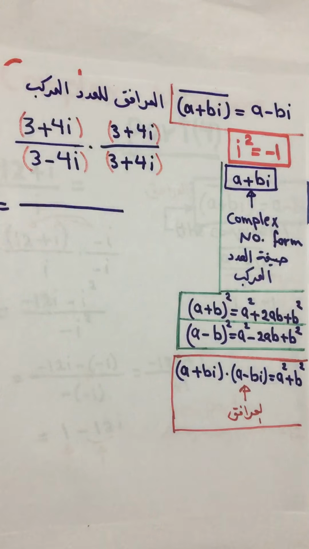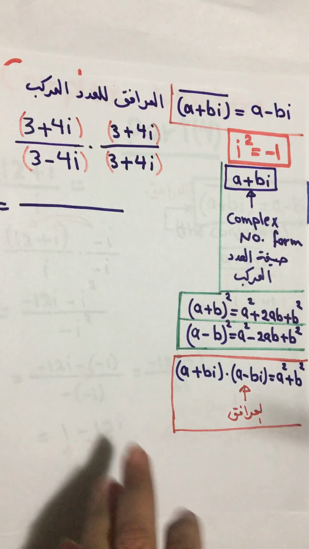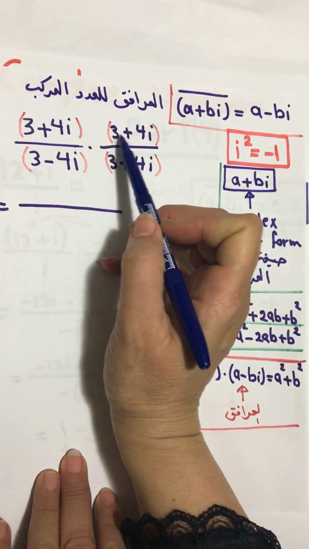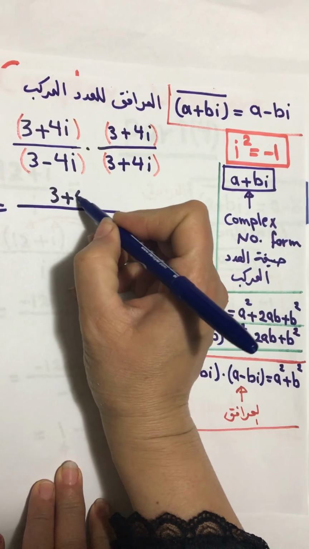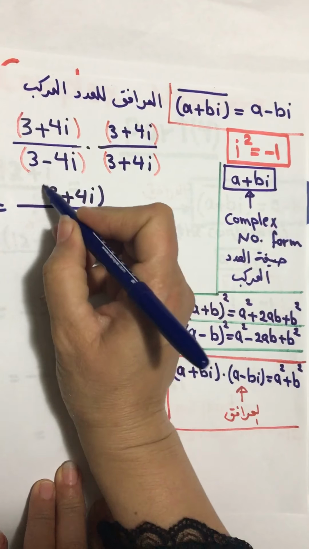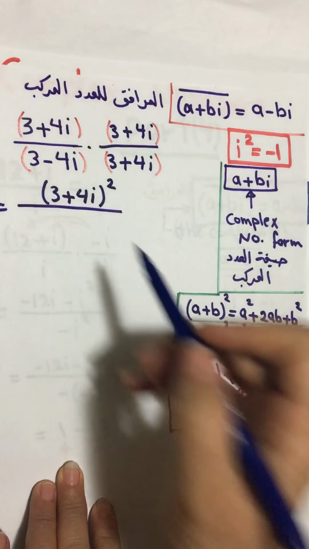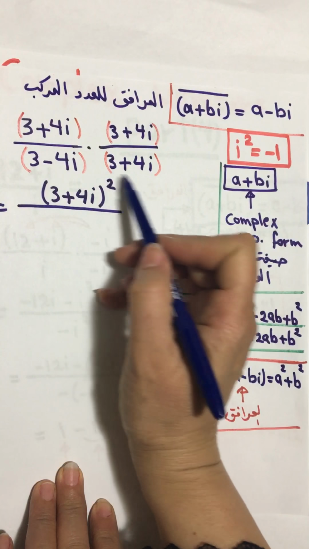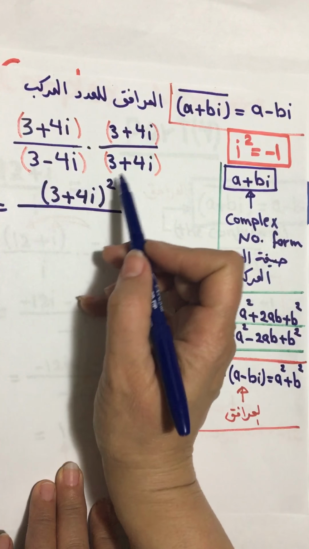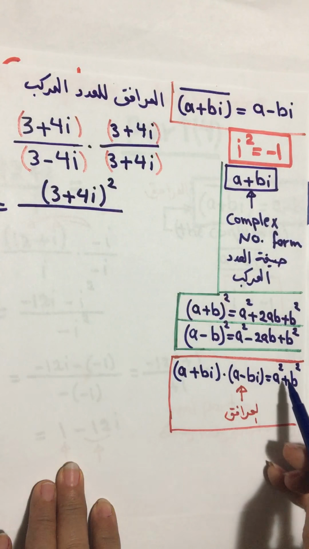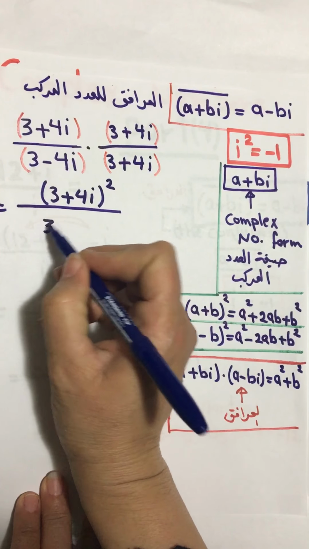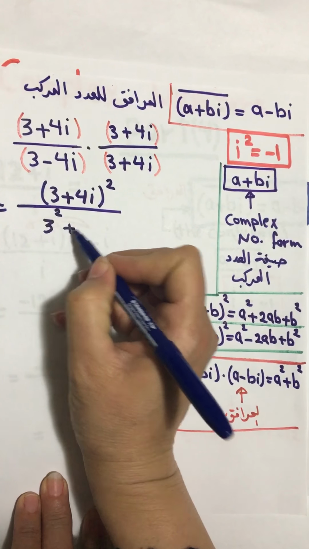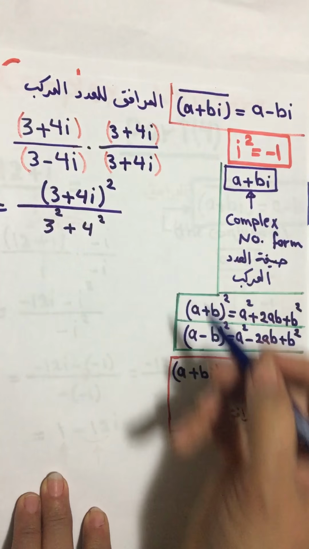So now 3 plus 4i times 3 plus 4i is going to be (3 plus 4i) squared, and this is the conjugate for the denominator, so the answer is going to be a squared plus b squared, meaning 3 squared plus 4 squared.